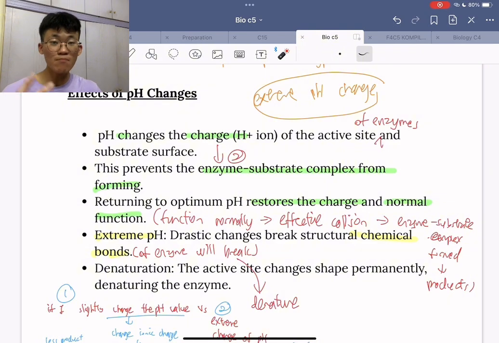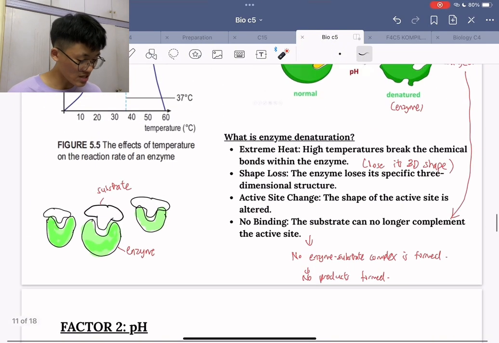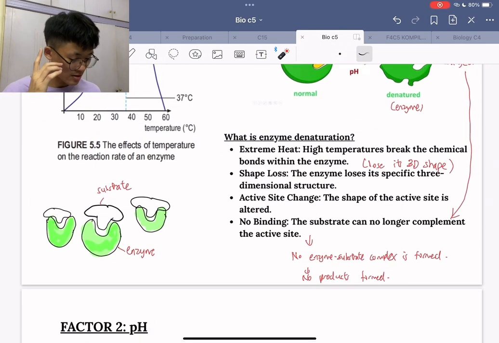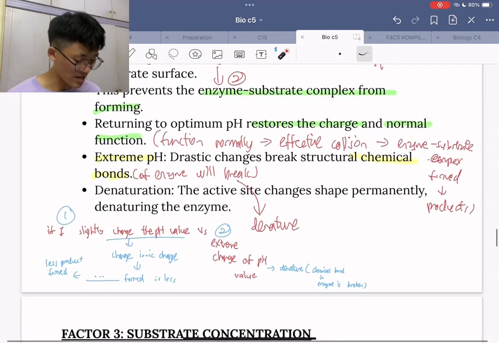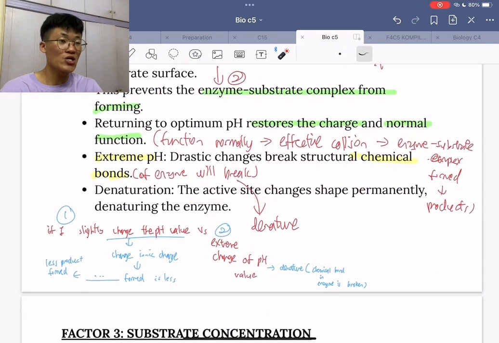Denature means that the chemical bonds in the enzyme are broken. When they are broken, the 3D shape is lost. So when the 3D shape is lost, the active site will be changed, and then the substrate no longer complements the active site of the enzyme, so no more products are formed. You get me?